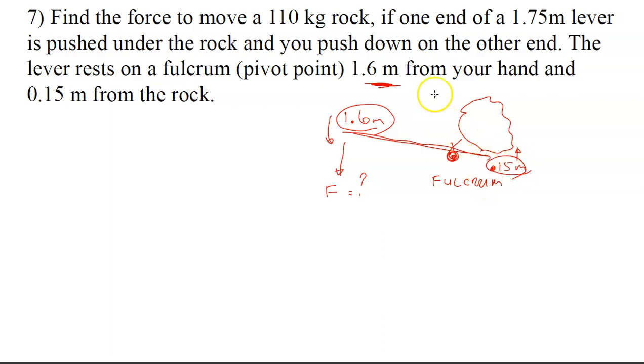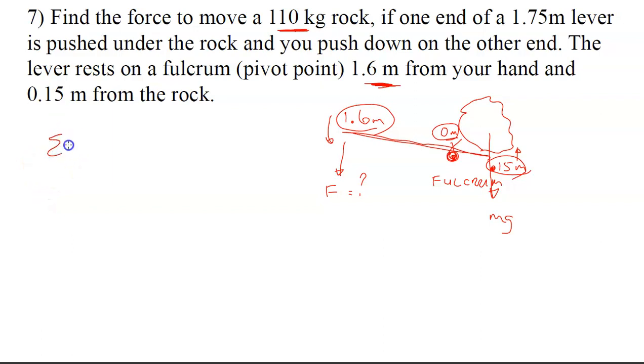Now they told us that the mass of this rock is 110 kilograms, so gravity is pulling down with mg, and that's the force that it puts on the stick. I'm really thinking about the stick here. What happens to the stick? It's got 3 forces on it: me pushing down, the rock pushing down, and the fulcrum pushing up. Because I picked the pivot point at the fulcrum, I don't care about the fulcrum. So it's really down to these two. It's a little seesaw kind of problem.